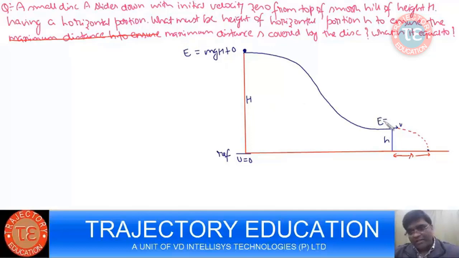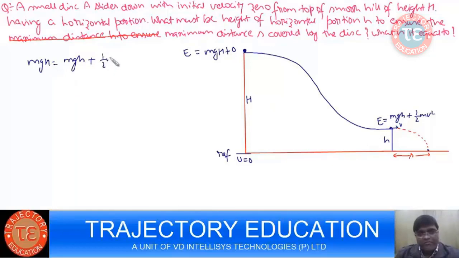And the mechanical energy at this point is the gravitational P plus K. Since there are no dissipative forces, these mechanical energies must be equal. A part of the potential energy has got converted into K. So your mgH will be equal to mgh plus half mv square.